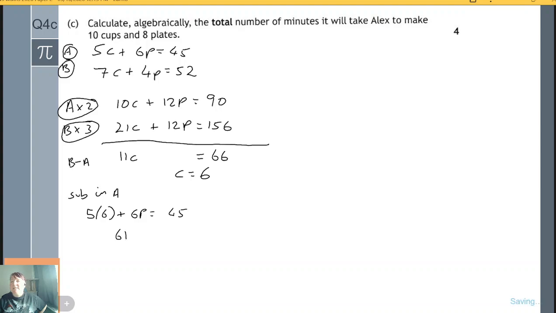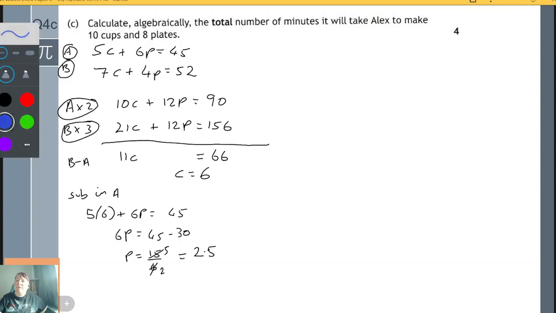I have 6P equals 45, take 30. So P equals 15 divided by 6. Yeah, okay, 3 goes into both of them, so that's 5 over 2. 5 divided by 2 is the same as saying 2.5. I think a decimal will be easier to work with here.